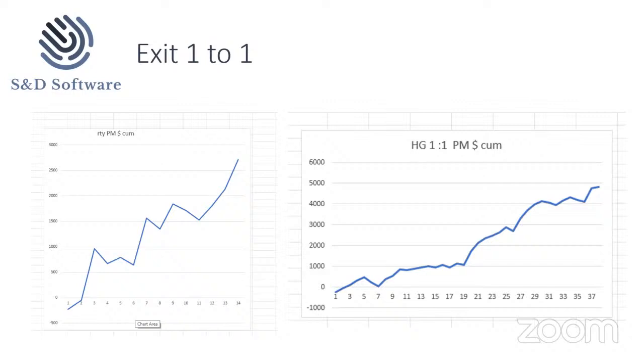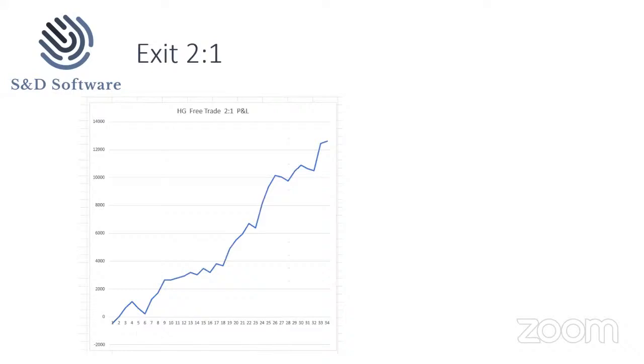So then, I'll show you what copper looks like if you do 2-to-1. You can see we had 34 trades that made it to 2-to-1 out of the 37. That's a good number.